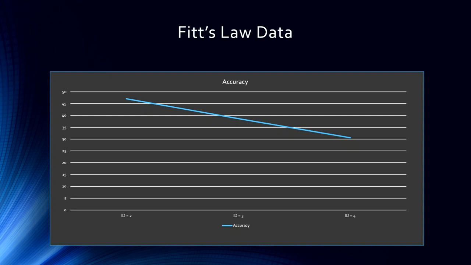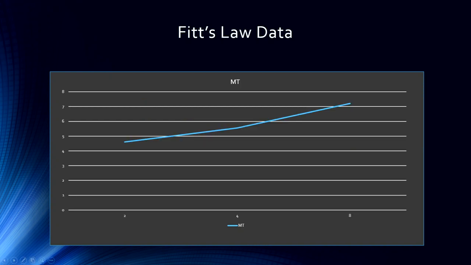If we look then at movement time, how long it takes on average to move from one location to the other, again, fairly consistently moving straight up in a relatively linear fashion, it increases in movement time based on the index of difficulty. And so it takes longer, about not quite twice as long, but close, as we move from the index of difficulty of 2 to an index of difficulty of 8.